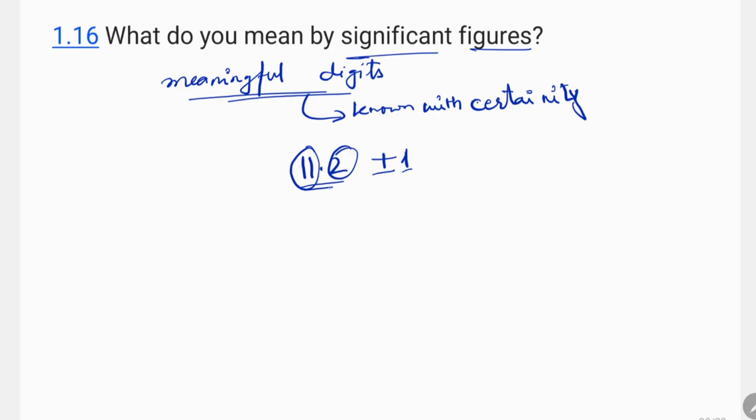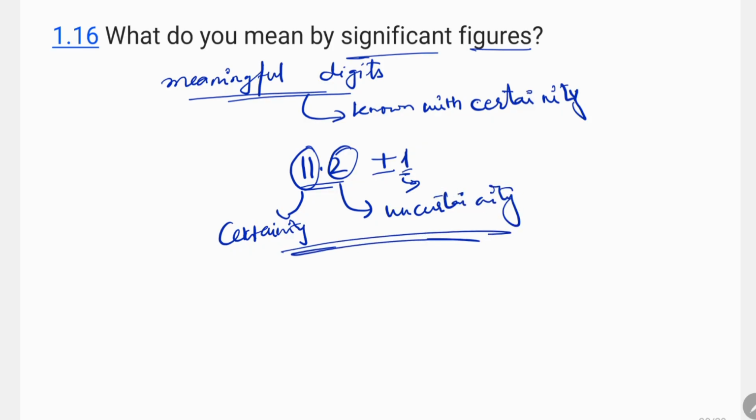This 1 is always added to the last digit, or it is deducted from the last digit. So this is certainty and this is uncertainty. This is how you will know about the significant figures.